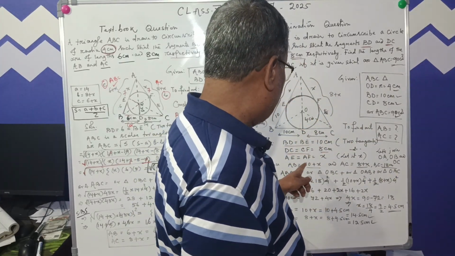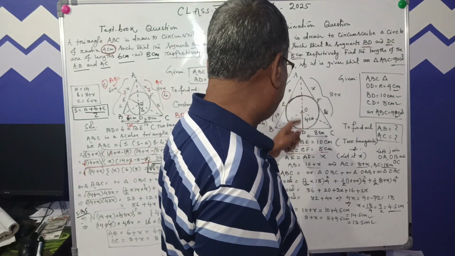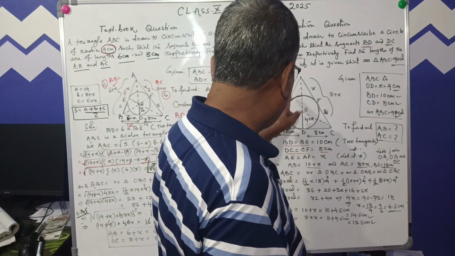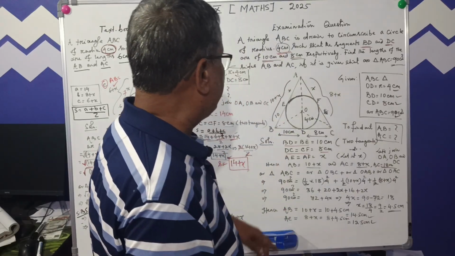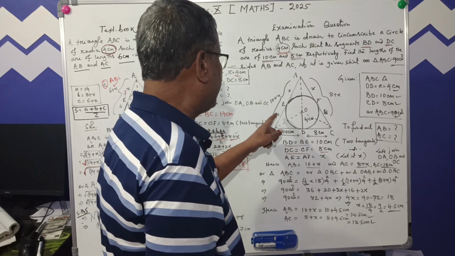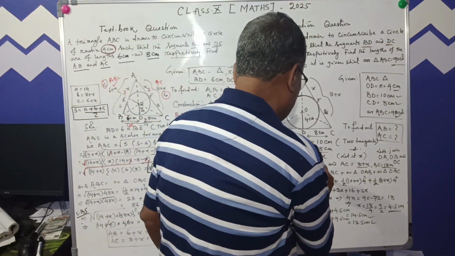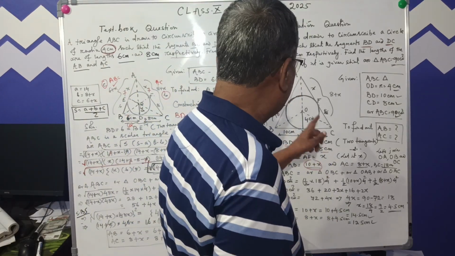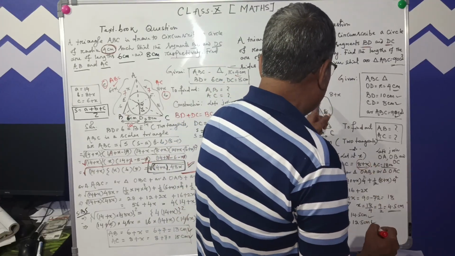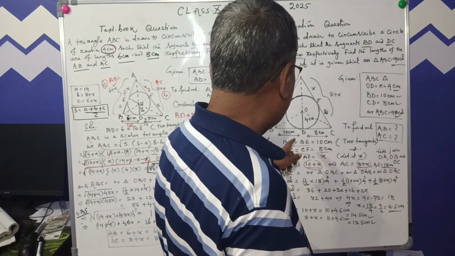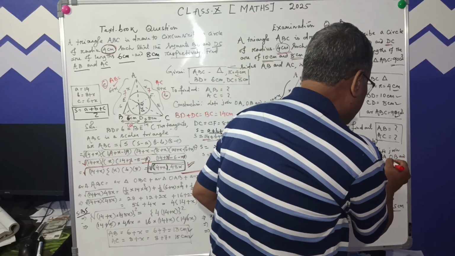Let AE and AF equal x. Now we get AB is equal to 10 plus x, and AC is 8 plus x, and BC is 10 plus 8, 18, that we have mentioned here.